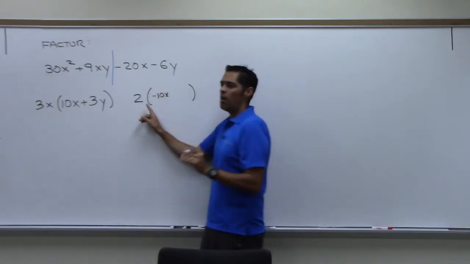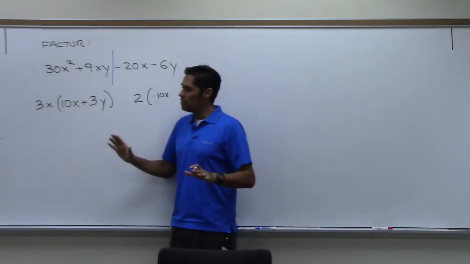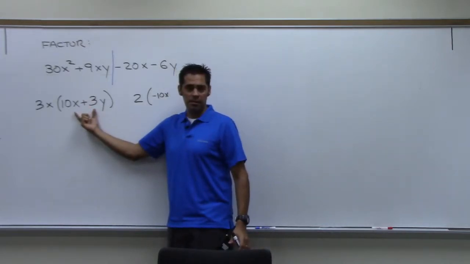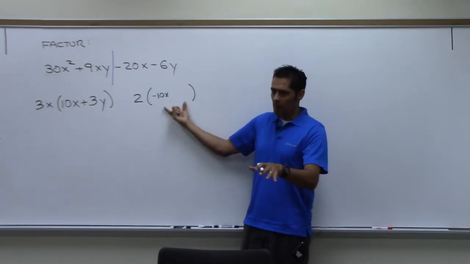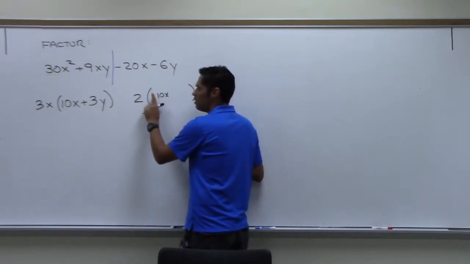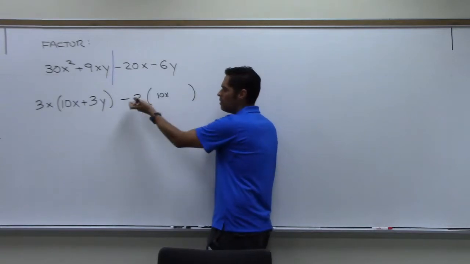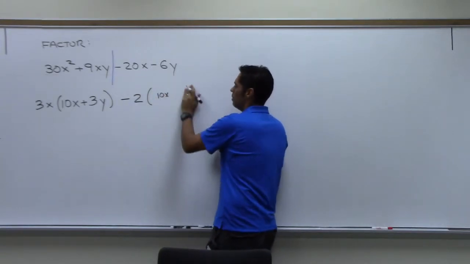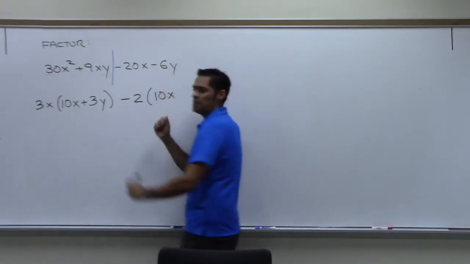Now, there's a little bit of a problem we should see right here. In order for grouping to work, what's in this parentheses must match exactly with what's in this parentheses. And it's going to be off a little bit, by the negative sign. So instead of pulling out a positive 2, let's pull out a negative 2 instead. And now when you do this times 10x, you will get at least these two first pieces to match, right?